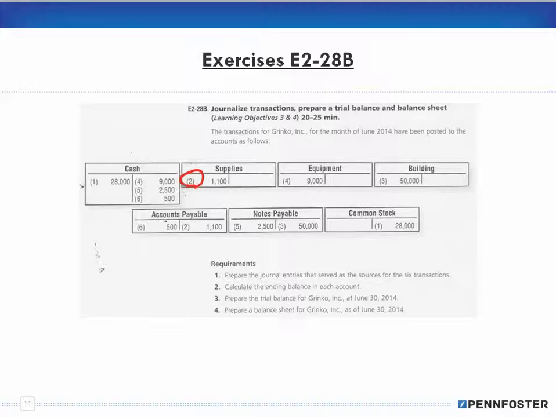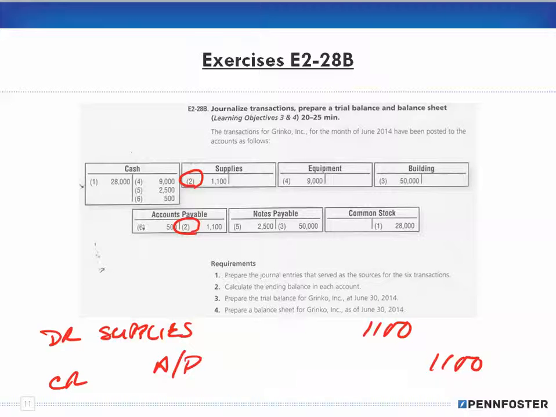I look for number 2. I have a debit. Remember, debits come first, then credits. So I have a debit to supplies for 1,100, and I'm going to look for my credit, which I'm looking for number 2, and right there it is, an accounts payable for 1,100. So I'm purchasing supplies on account with that transaction.